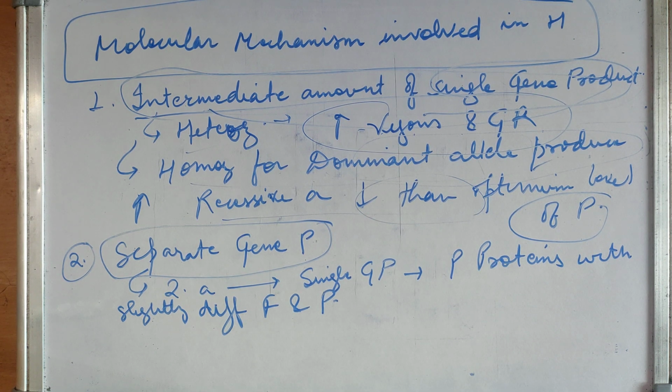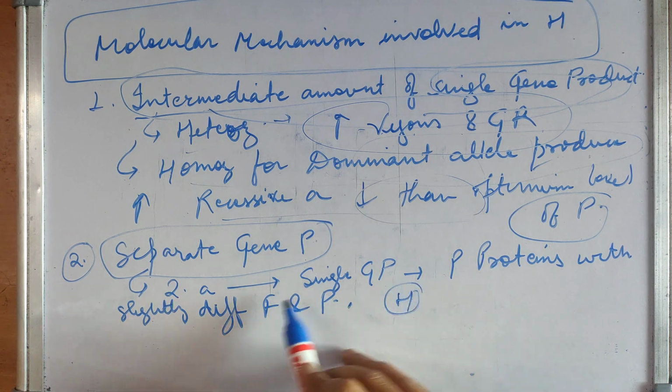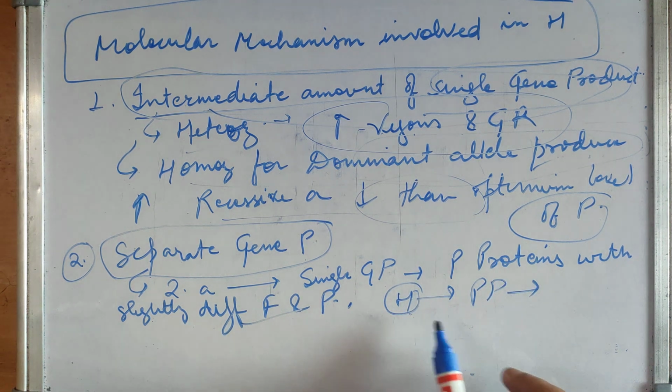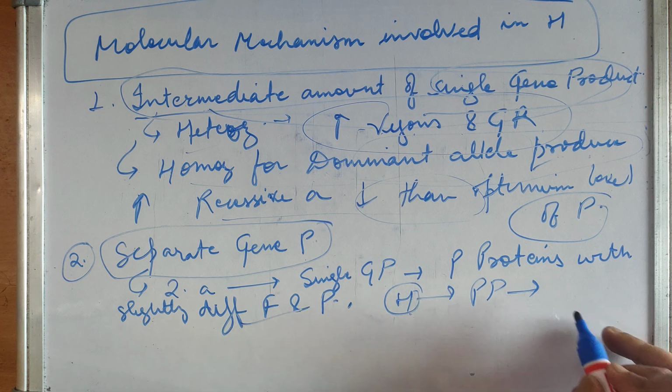The heterozygote for such a gene could produce the proteins encoded by both alleles.